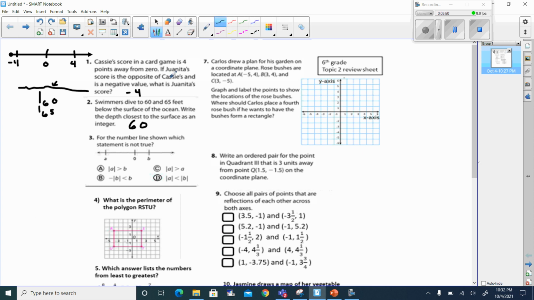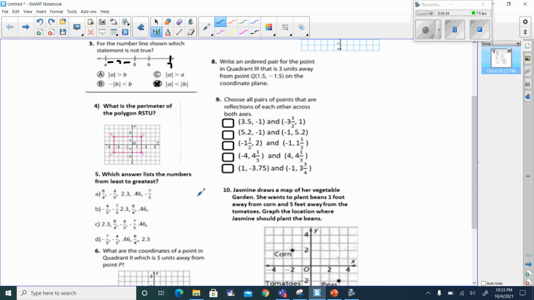This last one says the absolute value of A, in other words, this whole distance from 0, as a positive number, is going to be smaller than the absolute value of B. So if this was 7 all the way across, the absolute value of it would be a positive 7. And what they're saying is this value, A, is it going to be less than the absolute value of B? And that doesn't look possible, so I'm going with D.